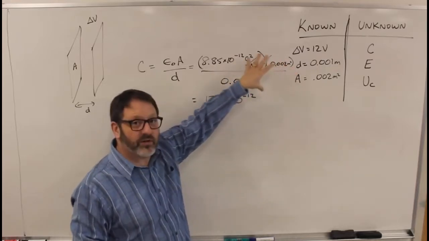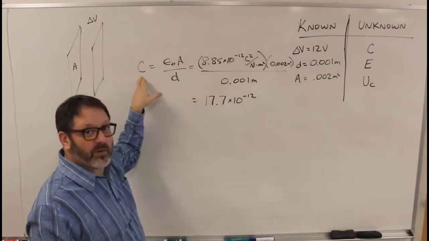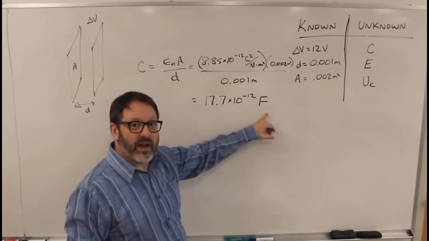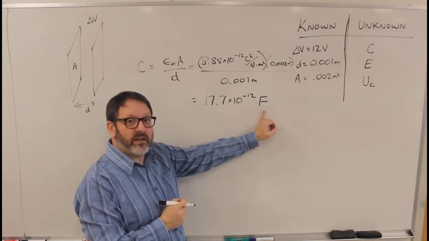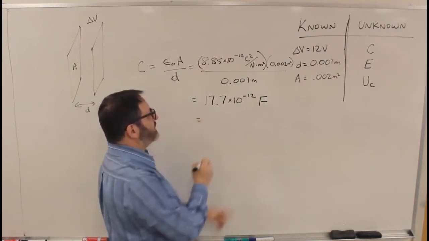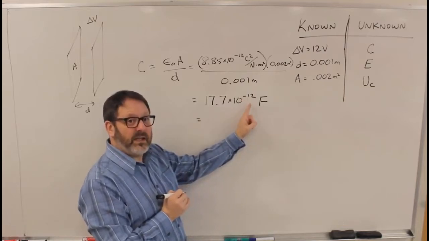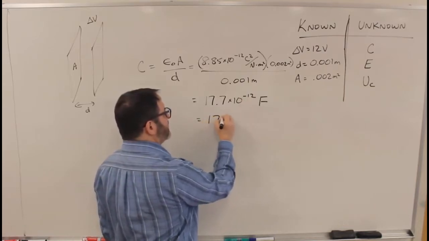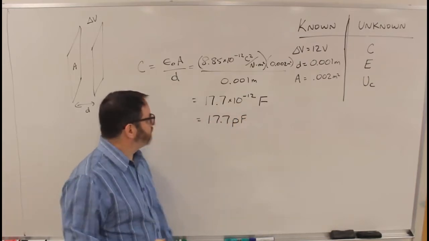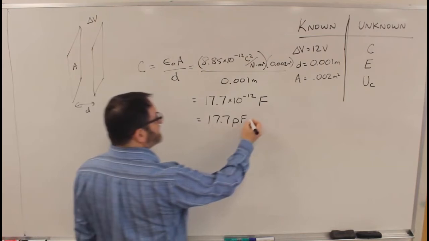If we kept all of our correct units, then the unit for capacitance that will come out of this is the farad. Rarely is any number given in farads. It's usually given in some smaller units. 10 to the minus 12 is pico. So this is 17.7 picofarads.